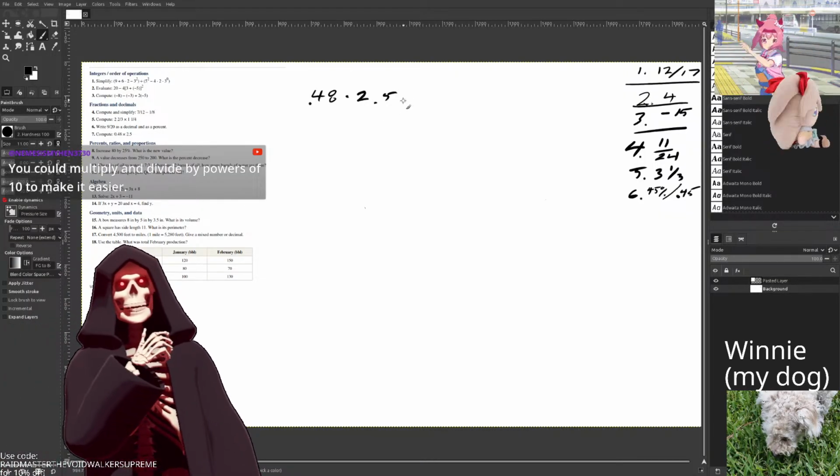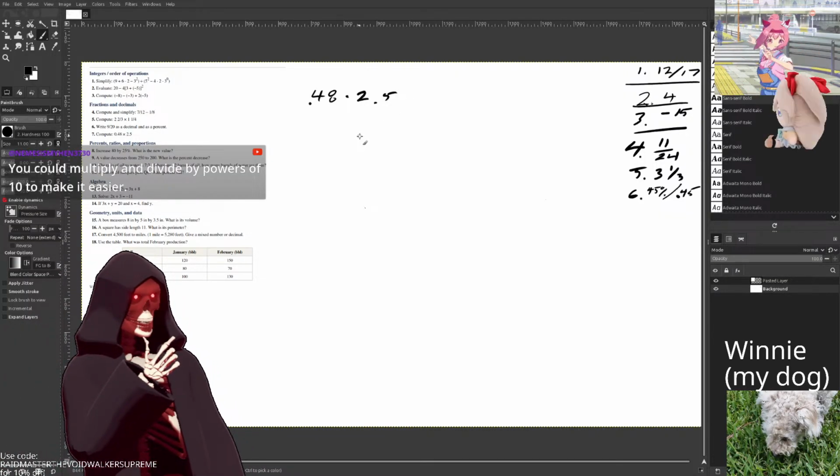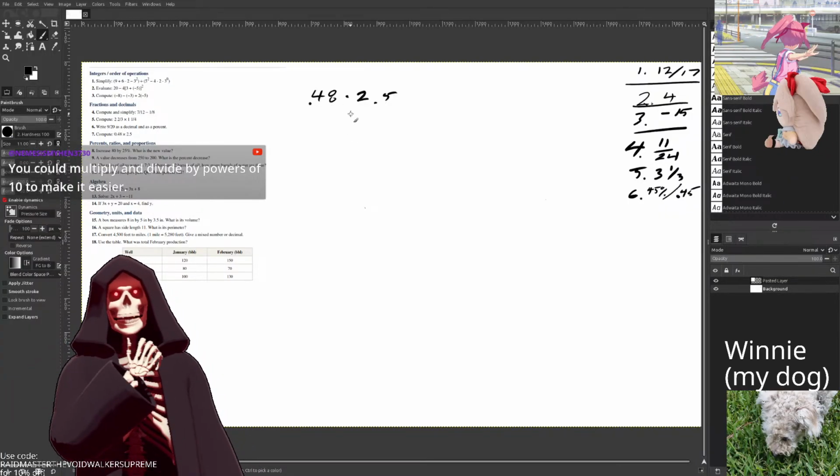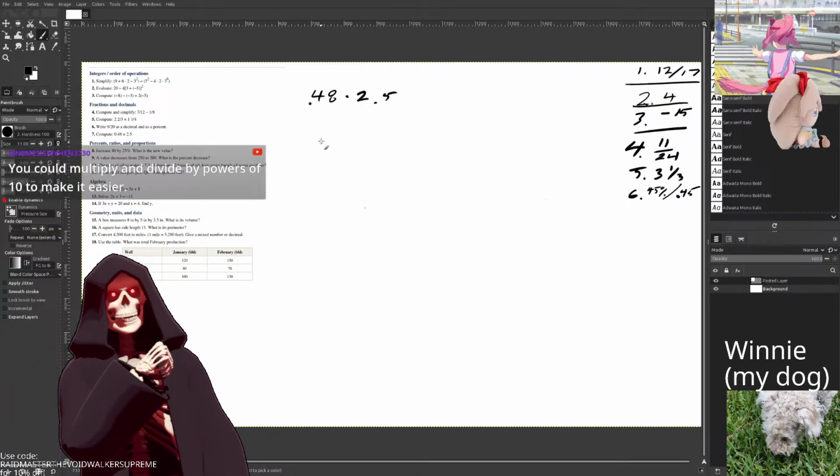So that's pretty simple. Actually, we can do this as you can multiply and divide, but the power is 100, make it easier. I want to do it the fastest way, which is basically just 2 times 0.48.